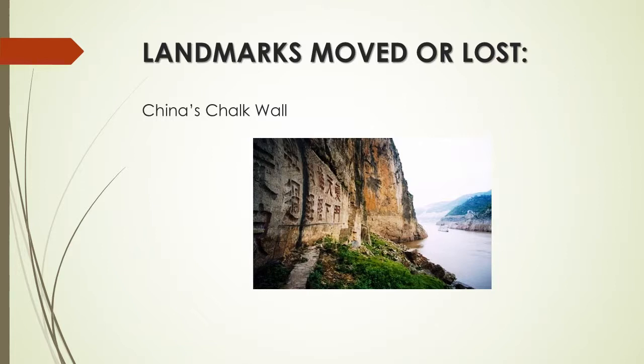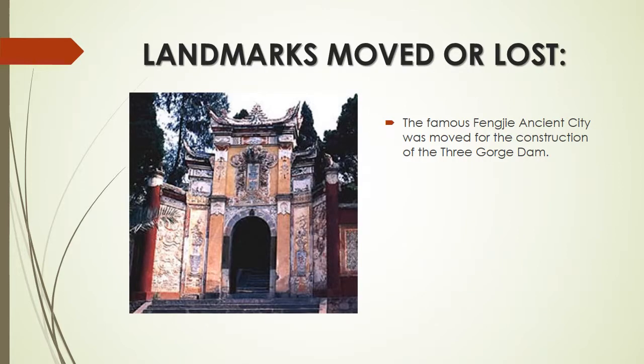About 700 years ago they started creating wall markings, and this is known as China's chalk wall. The famous Fengjie ancient city was moved for the construction of the Three Gorges Dam as well.